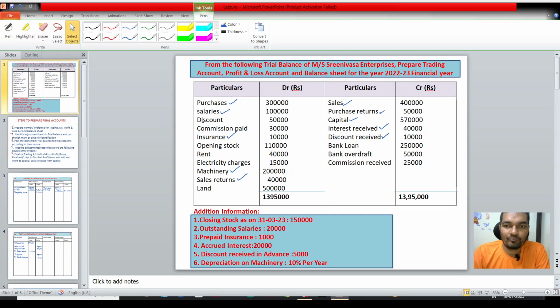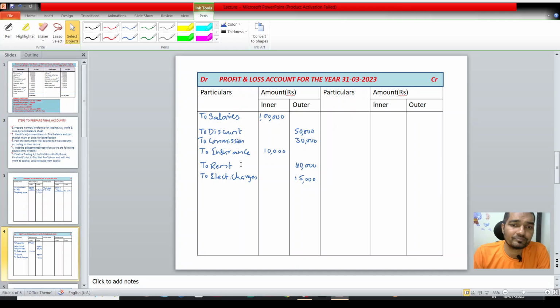So coming to interest received, credit side, indirect incomes, direct incomes, direct revenue sales, indirect incomes and liabilities. So interest received we have to show P&L account credit side.